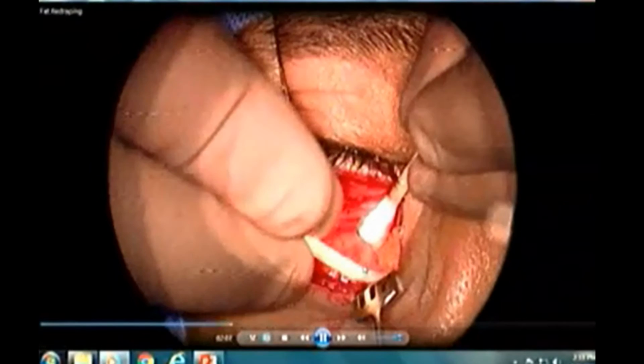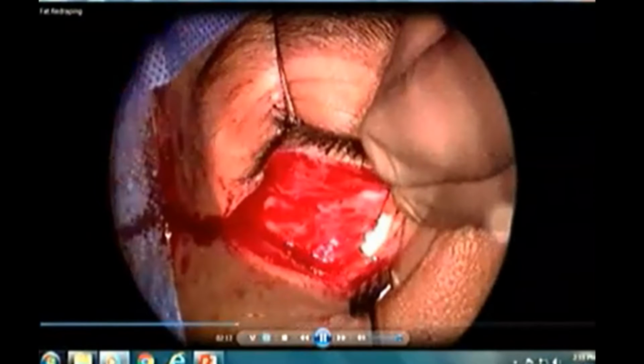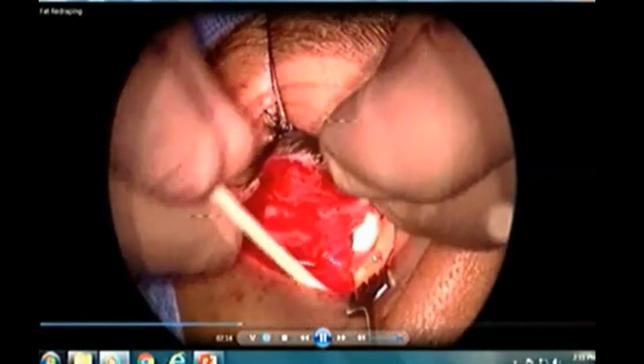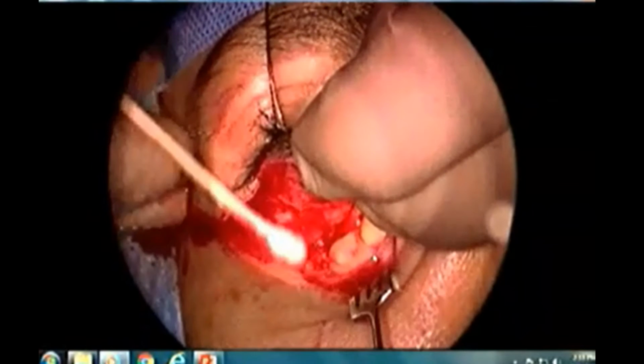And you can see the orbital rim here. You can see my Q-tip on the orbital rim here. So you can dissect and reach past the orbital rim without any scissor or any monopolar or any cauterization really.